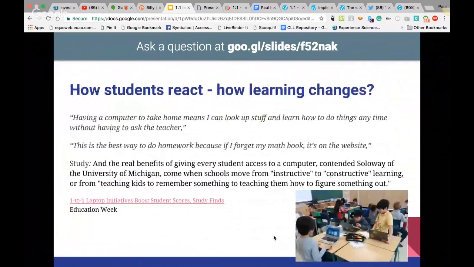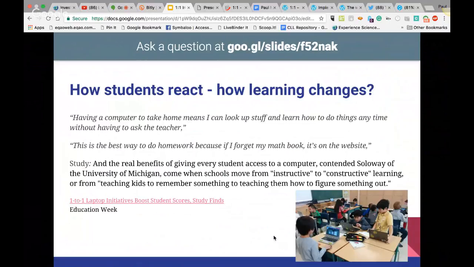The article where I first found out about this particular board was a local newspaper article, and I wish they had put more information about how the students were reacting to having computers in the classroom. The first two comments here really, to me, are important, and this is the kind of stuff that I would hear at our school all the time.